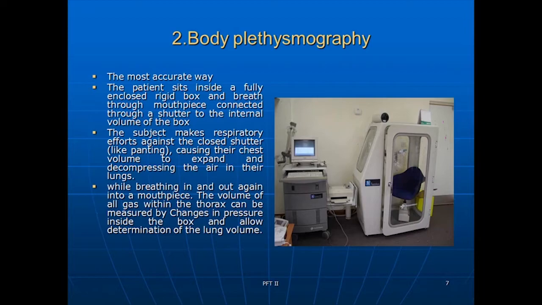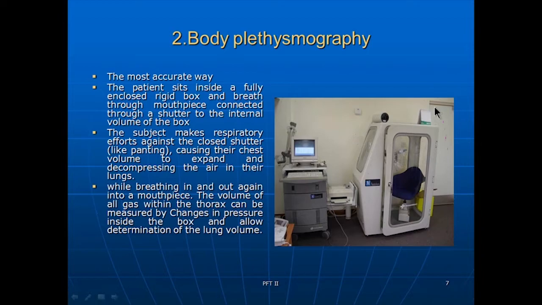It's creating all this pressure in their lungs and pressure in this box, and that is how they determine the volumes and capacities due to the pressure in their lungs versus the pressure in the box. And this is based on Boyle's law in actuality, where pressure is inversely proportional to volume.